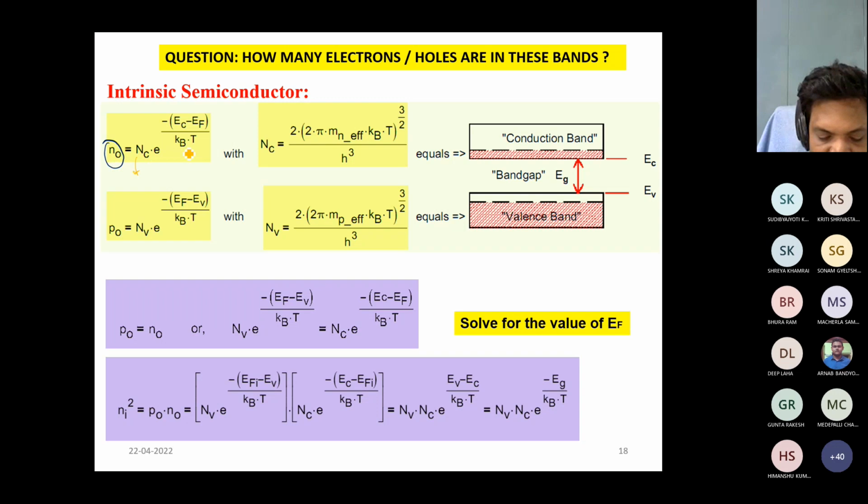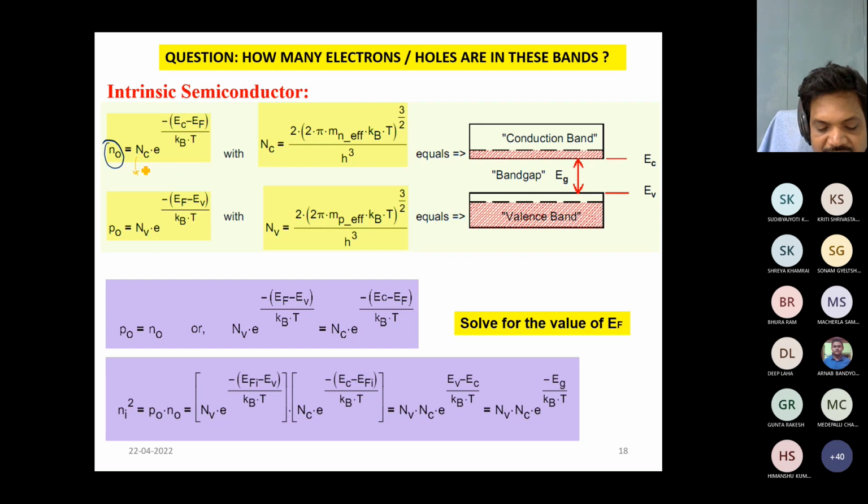Okay, so this is the formula to get the number of electrons at a particular energy state, and it is given by N0 = Nc exp(-(Ec - Ef)/kBT). kB is the Boltzmann constant, Ec is the conduction band energy level, Ef is the Fermi energy level.